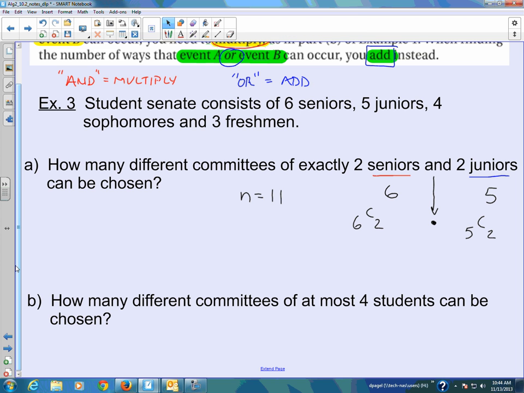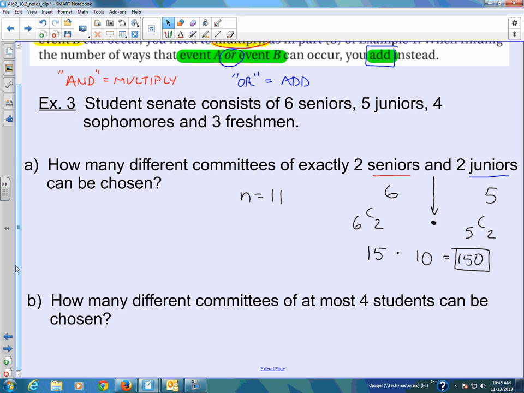And in this case, we have a 6C2, which is 15, and then a 5C2, which is 10, giving us a total of 150 ways that I can pull 2 seniors and 2 juniors out of this group.